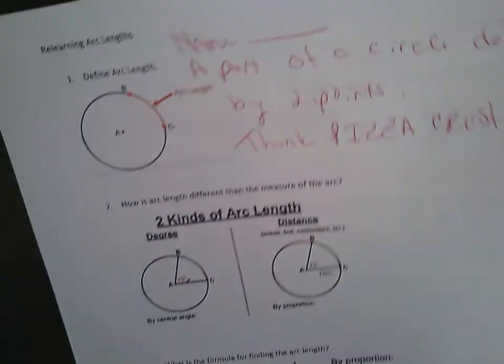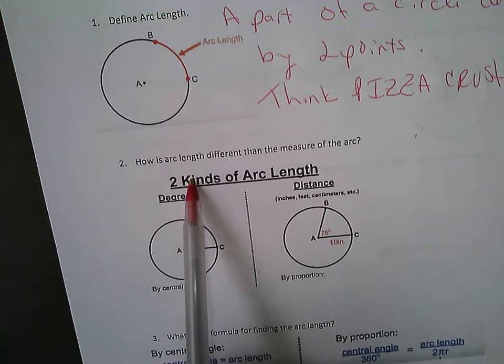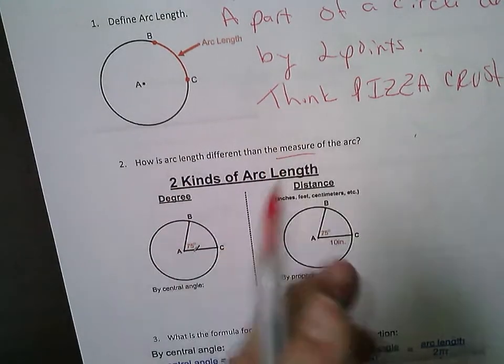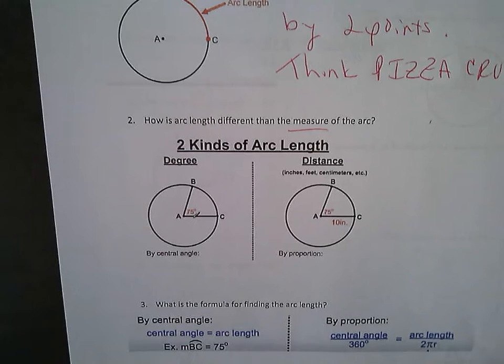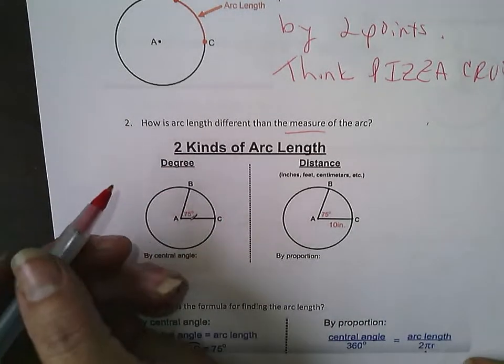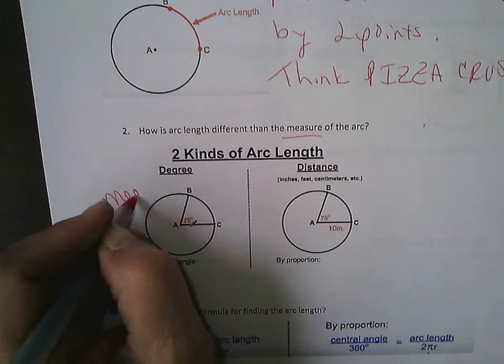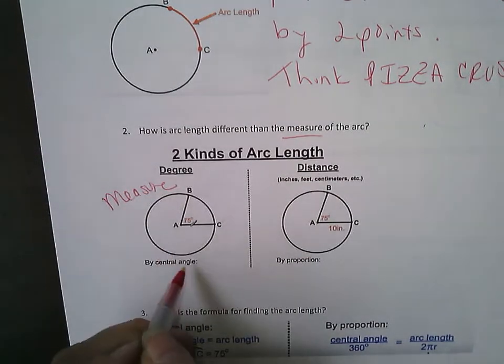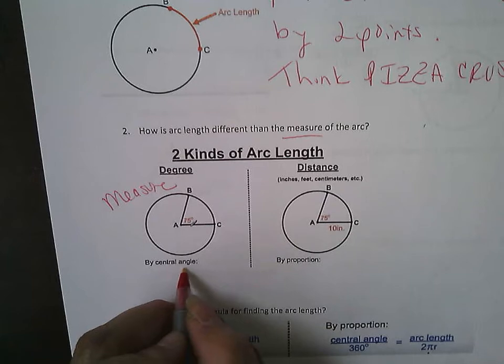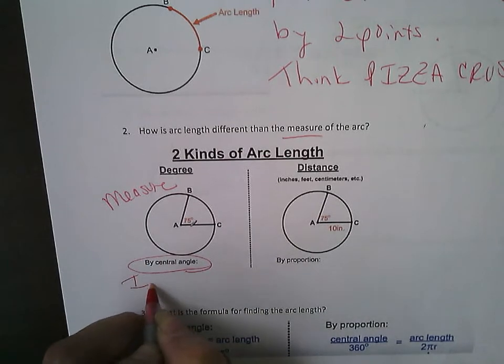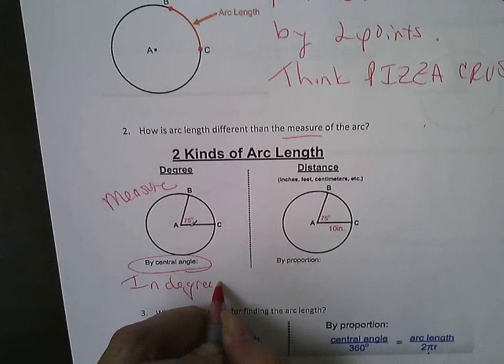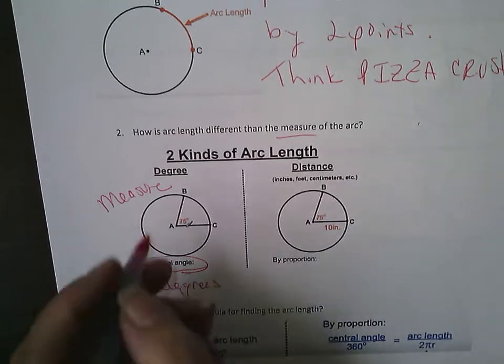In the second part, we're looking at how the arc length is different from the measure. We talk a lot in class about the measure. We're looking at the difference between the two. So this over here in the degrees is the measure. This is the measure where we're going to have our answer in degrees. And we're going to be looking a lot at the central angle.